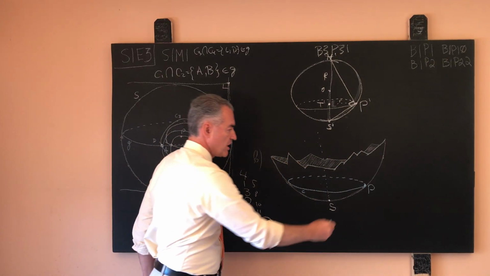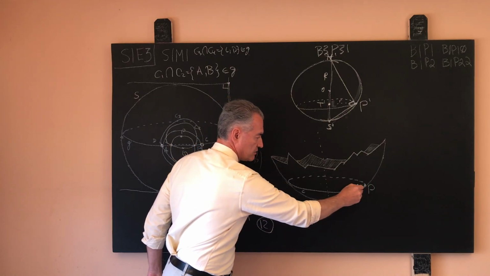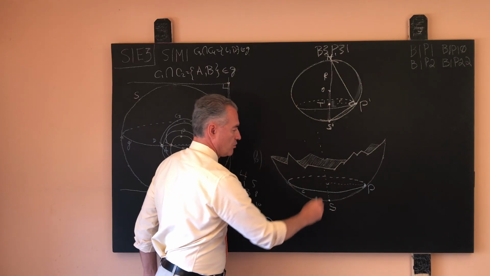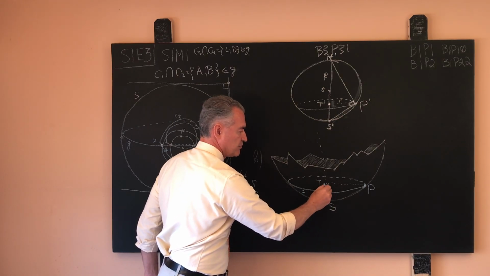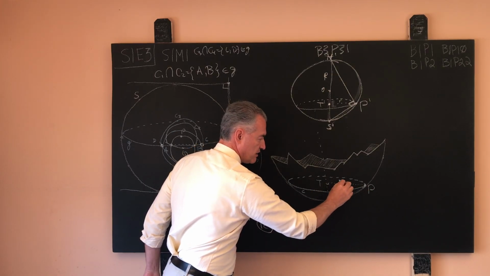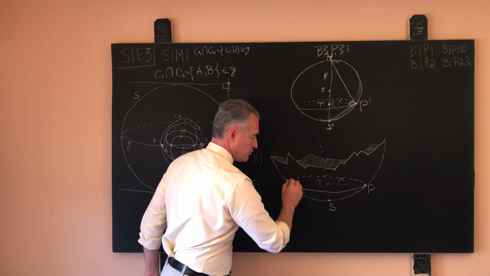And if we project the point P orthogonally onto that diameter, then we'll obtain the point T, and the distance between the point T and the point P will be exactly the radius of that helper circle C.